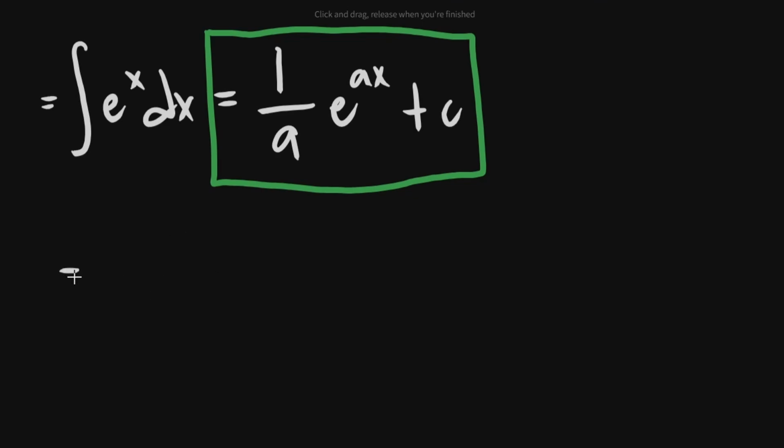As you can see, e raised to 1 times x, there's always a 1 there. Therefore, our constant is this 1 here. Okay? Then the constant 1 all over 1, e raised to 1x.